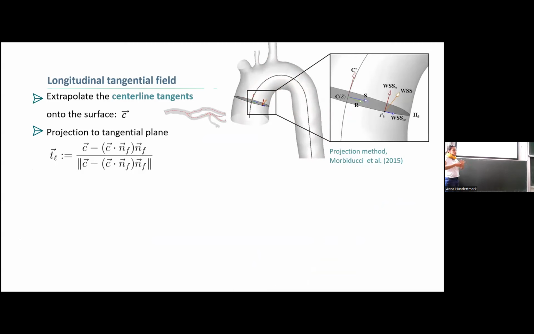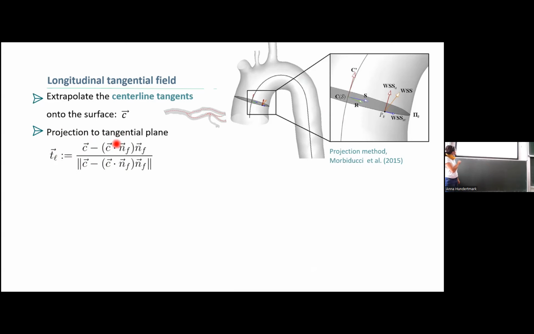What they did is extrapolate the center line tangent, and then they projected them to the wall surface. This is what is written here. So this tangential vector field, which is aligned with the main flow, can be obtained from the center line. Therefore, the center line is very important. A patient-specific center line is very important for our modeling.